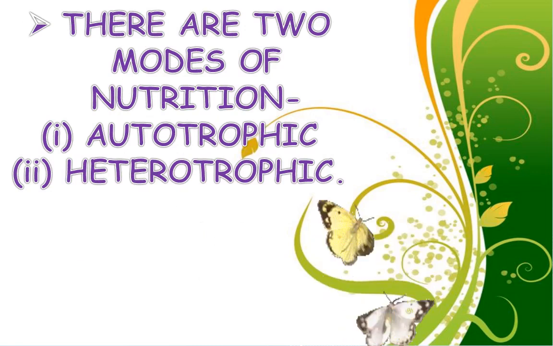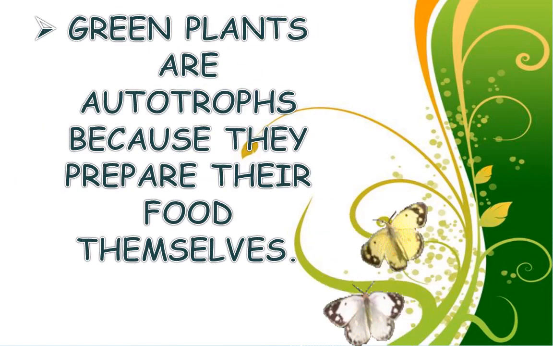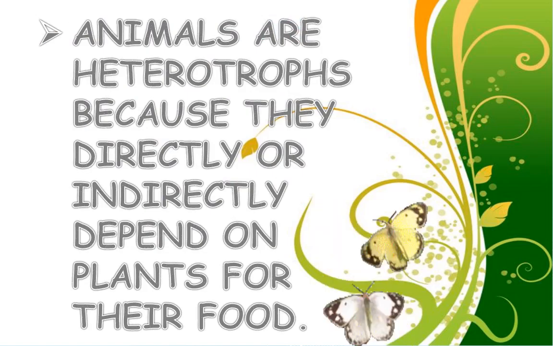There are two modes of nutrition, autotrophic and heterotrophic. Green plants are autotrophs because they prepare their food themselves. Animals are heterotrophs because they directly or indirectly depend on plants for their food.